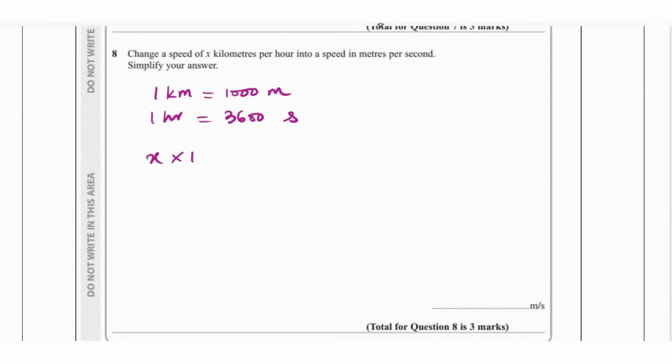So x times 1,000 and divided by 3,600 because it's per hour. Per means division. So we're dividing the distance by time. So these get cancelled out, and 5x over 18. That's your speed in meters per second.